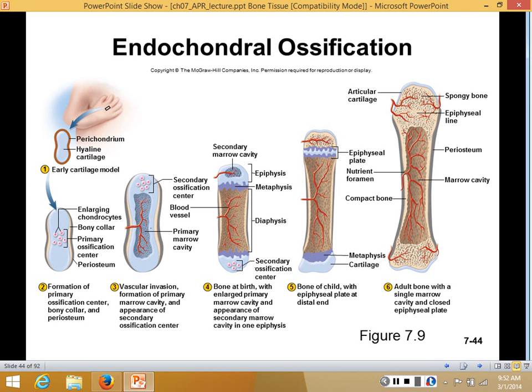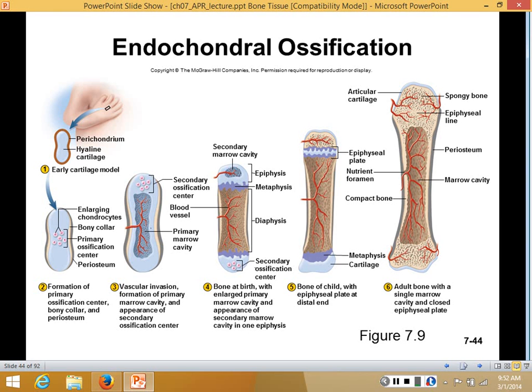It's around the hyaline cartilage. Pericardial means around the heart. What's the term used to describe around the bone? That's on your next test. Periosteum. It talks about periosteum in this chapter, doesn't it?